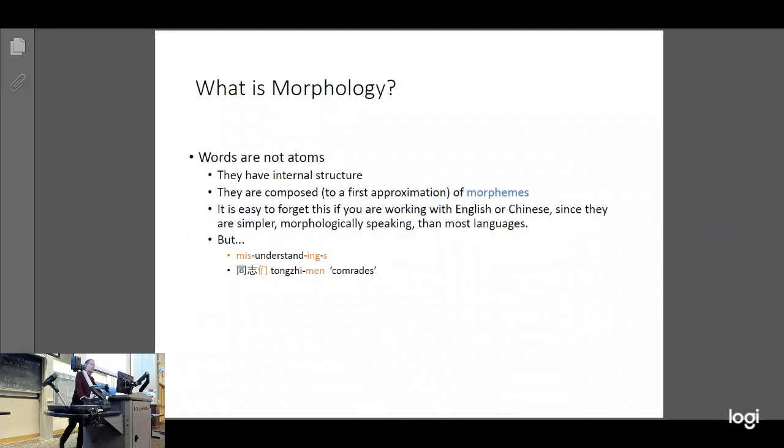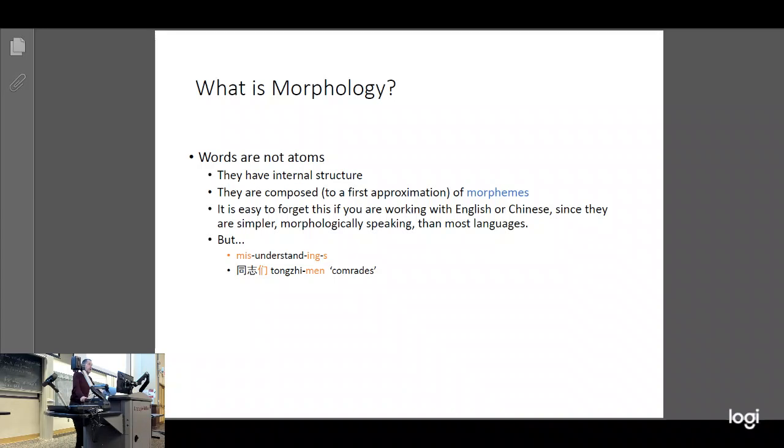So what is morphology? Well, the central idea is that words are not atoms. They have internal structure, and they're composed of smaller units that we call morphemes. A morpheme is basically a minimal, meaningful unit. It's easy to forget this if you're working with English or Chinese, because a lot of English or Chinese words just have one morpheme, and they're not very morphologically complex languages.